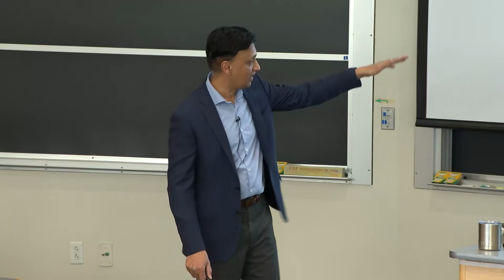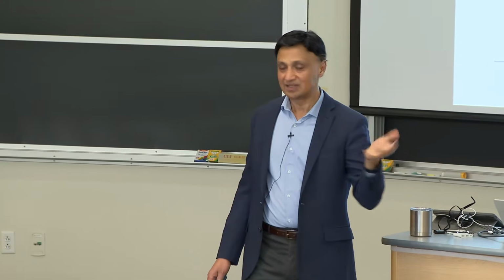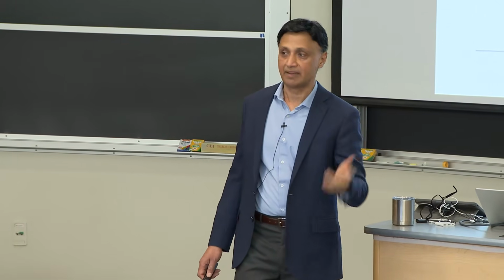Now, as it turns out, in our example here, the data is coming in this form, so we'll use sparse categorical cross entropy. And categorical cross entropy is a generalization of binary cross entropy, which I'm not going to get into the mathematical details of, but the intuition is basically roughly the same.